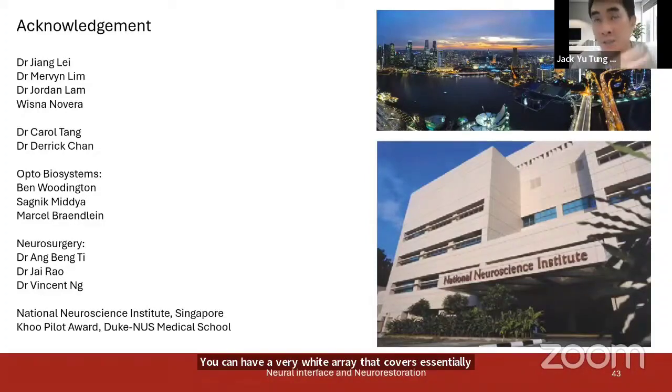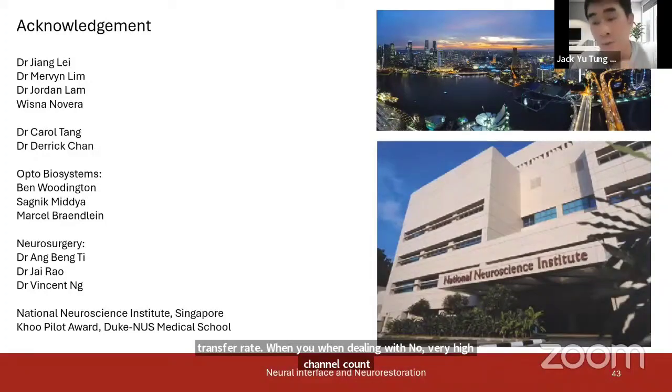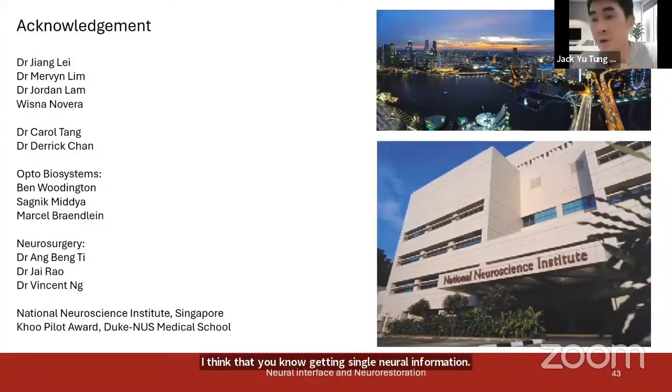But from what I understand, again, I'm not an engineer, with the wire bonding you're going to end up with thousands or tens of thousands of wires, which is going to present a challenge in terms of how you wire that, and also the data transfer rate when you're dealing with very high channel counts. But I think those problems can be solved. So that's why I think that getting single neural information over a wide brain region is the main advantage of such micro-electrode arrays going into the future.